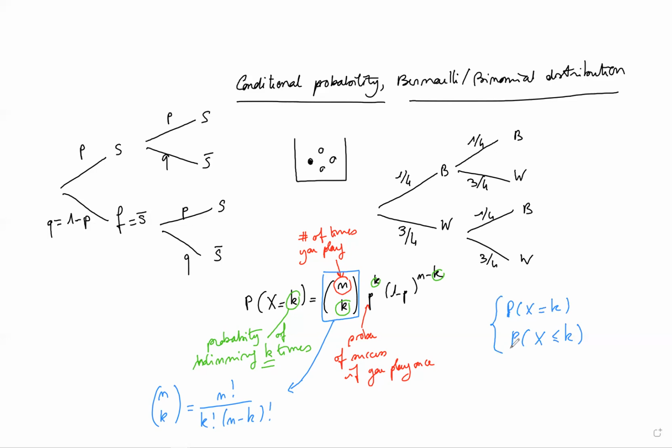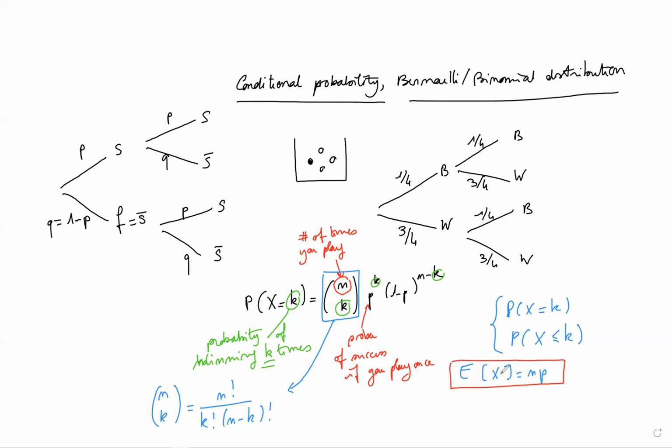Something else you have to know about binomial law is that the expected value of your law is N times P. The expected value is, if you play a lot of times, like the expected winning frequency, something like that.